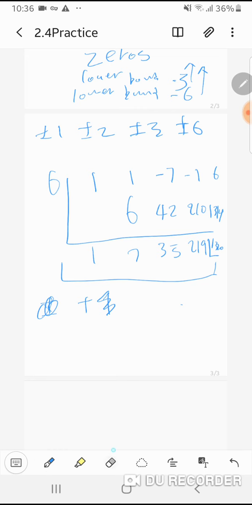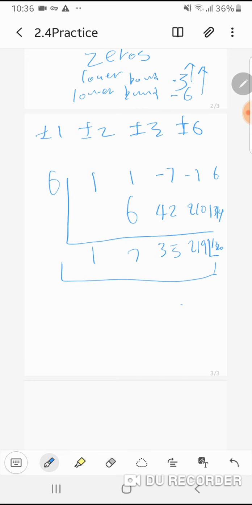So we know it's not 6. That's one thing we learned from here. And we know that this is an upper bound because it's all positive numbers that we got from this synthetic division.